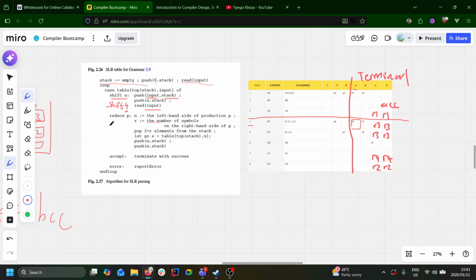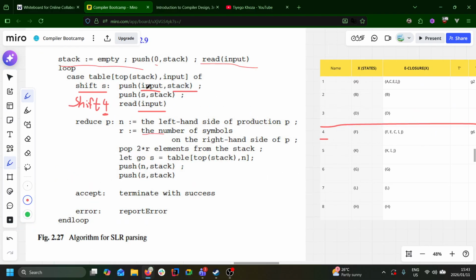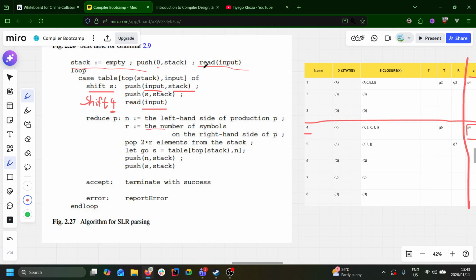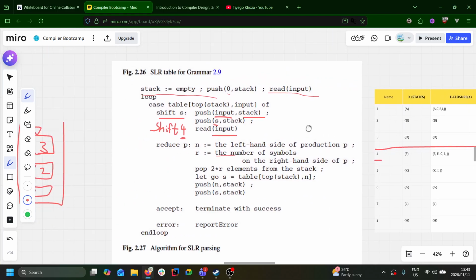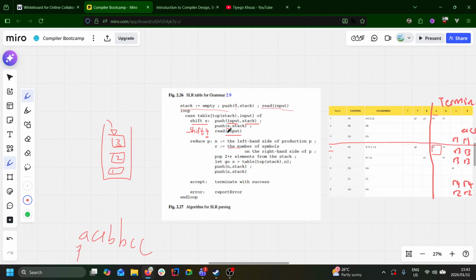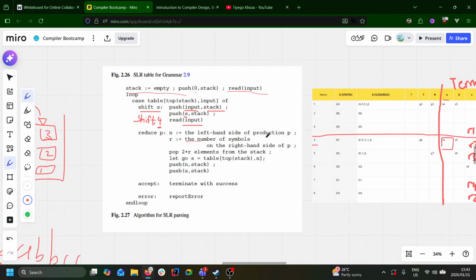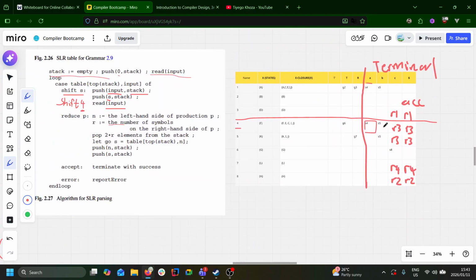Very confusing. Why is it saying input into the stack? It's a shift 4. I feel like I'm misunderstanding something, but you get the idea of how you're supposed to read through this.